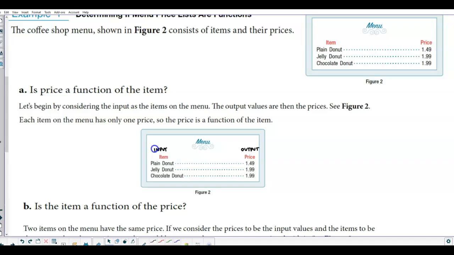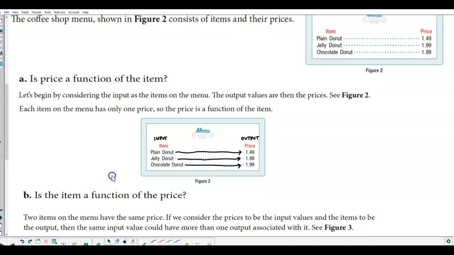Okay, and so the output values are then the prices, and if we look at this, we can say each item on the menu corresponds to one price. So we can say that the price is a function of the item.